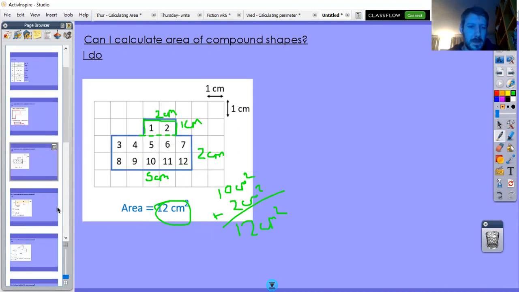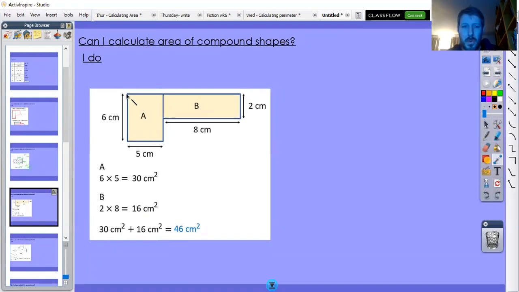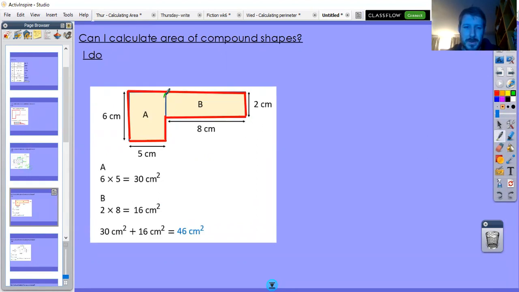So here we go, another one then. Here we've got two separate shapes, no squares this time. So we need to think about them as separate shapes, but together they are making up one shape. If I do the outline of this single shape, it is the red line here. But then we've got this blue line, which we can think of as the cutoff between the two separate shapes.